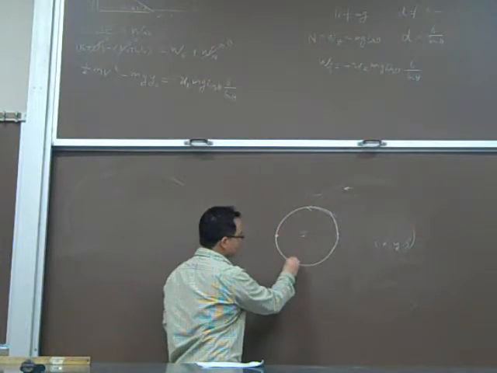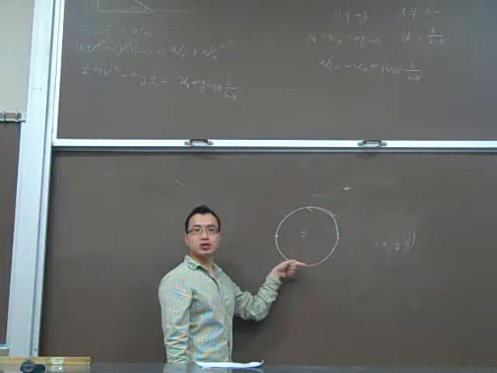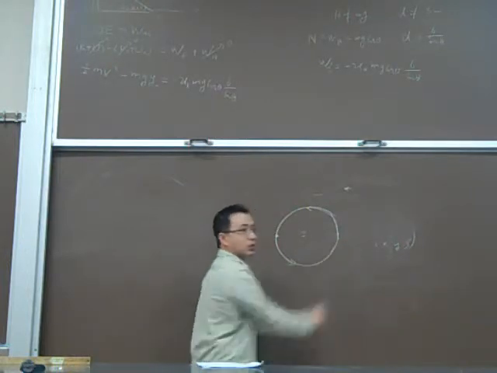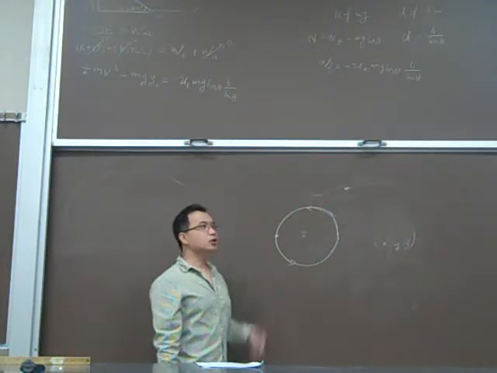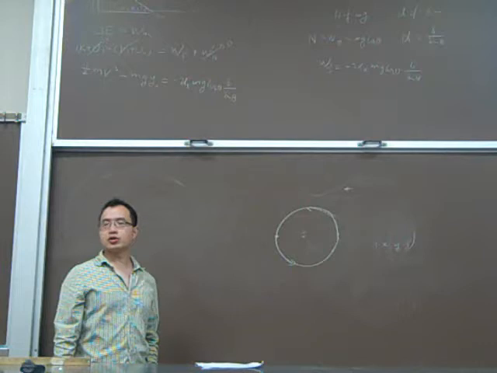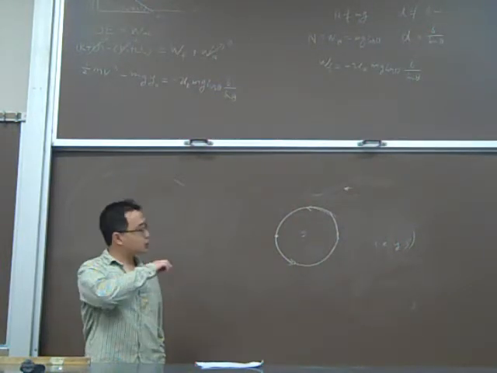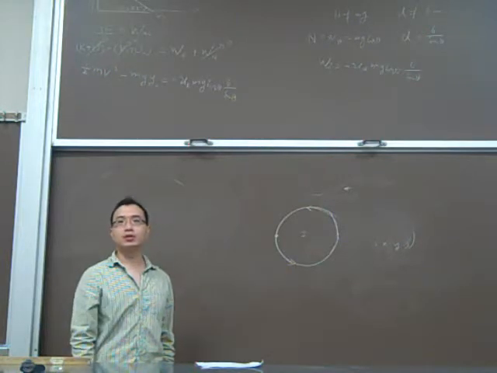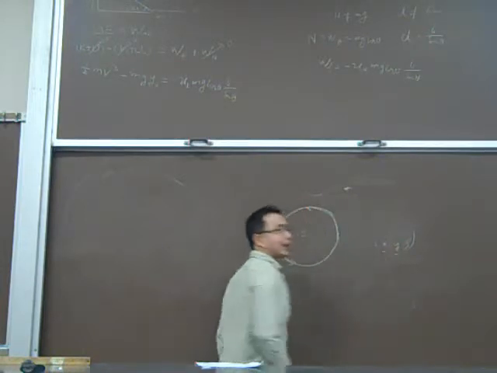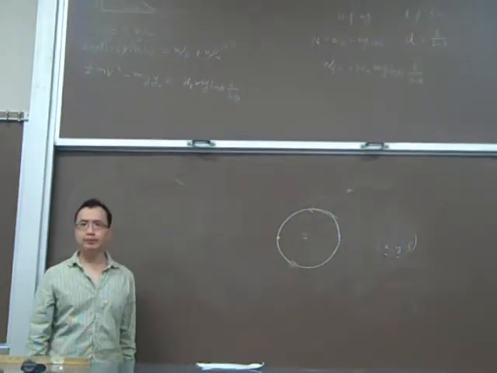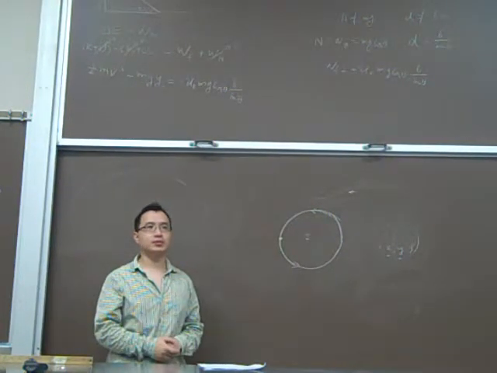From here to here, y position decreases, but x position increases. And from here to here, both y and x position increase. So in different parts of circular motion, the change horizontally and vertically will be totally different. So it's not good to use the x and y position to describe the motion of this kind.